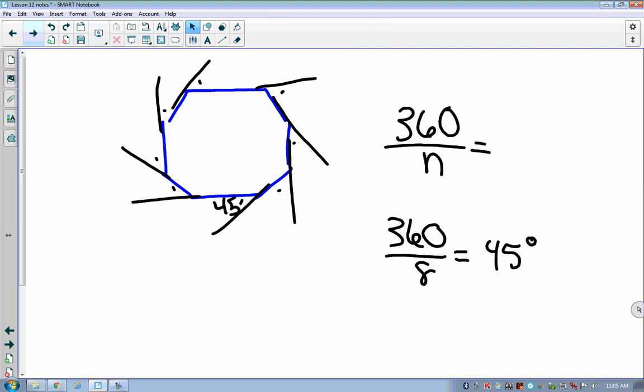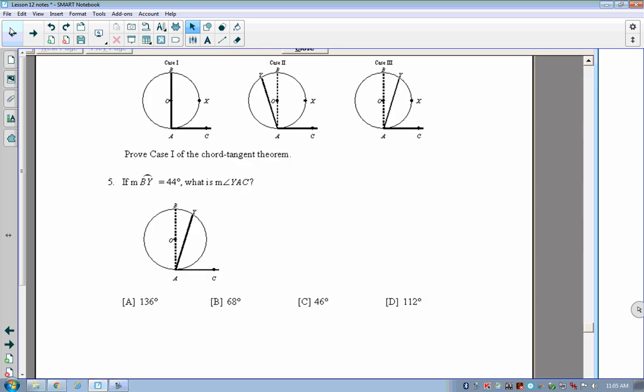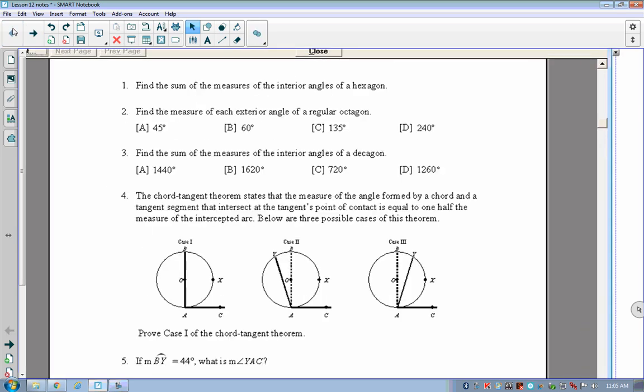This brings us to the chord tangent theorem. And the chord tangent theorem shows up on page 93. With question number 4, it says the chord tangent theorem states that the measure of the angle formed by a chord and a tangent segment that intersect at the tangent's point of contact is equal to 1/2 the measure of the intercepted arc.